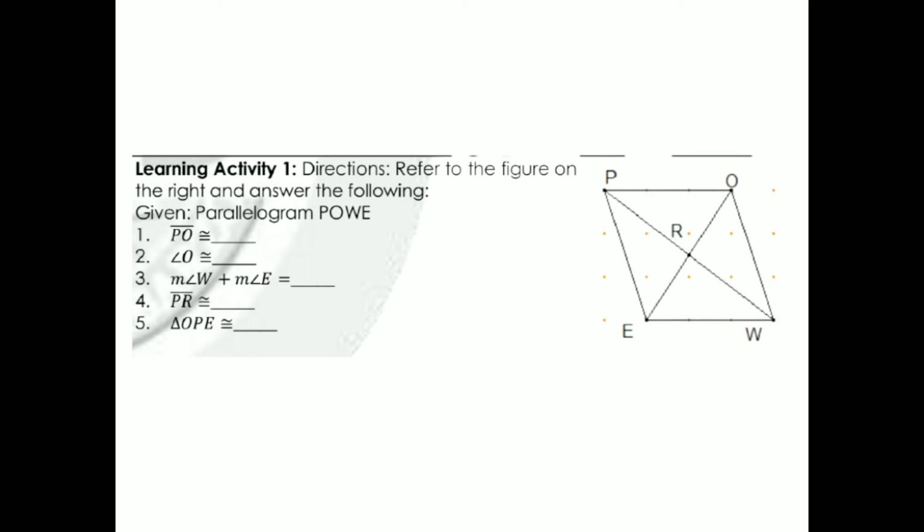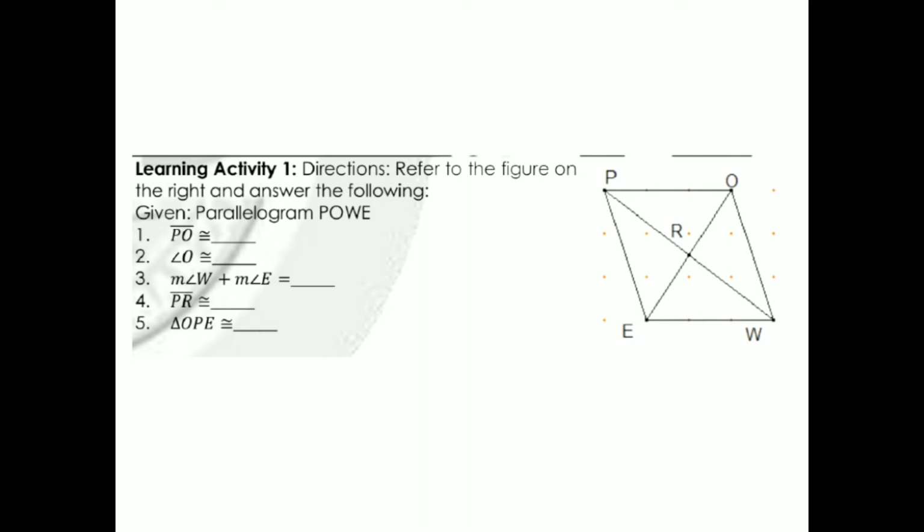Then PR is part of the diagonal PW, so it is equal to segment WR. That is the answer. Then triangle OPE, since it is divided by the diagonal OE, is congruent to triangle OWE, and that is the answer.